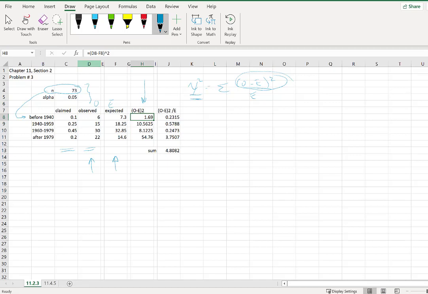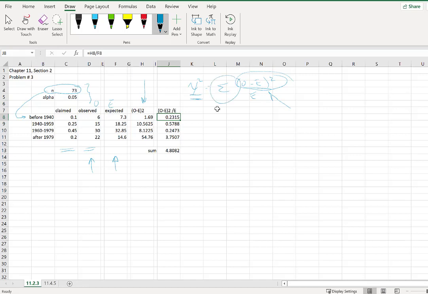Then I'm going to divide that by E. So I come over here and take the value, O minus E squared, and divide it by the expected value. Up here, we've got H8 divided by F8, so the blue divided by the red to give us the value. That gives us, for each row, the O minus E squared divided by E. Then I want to add those up, so I'm going to sum across all of those.